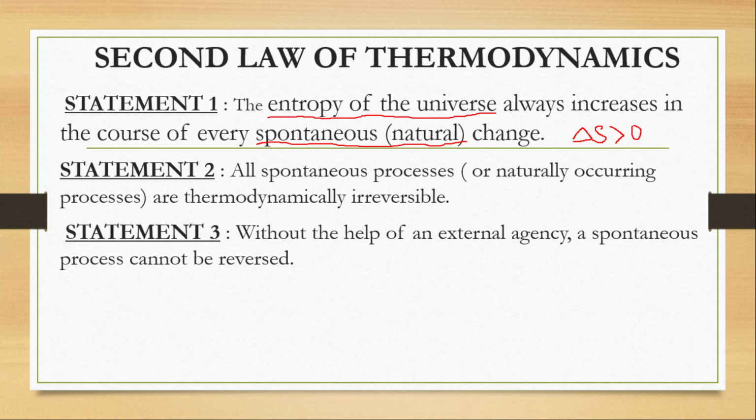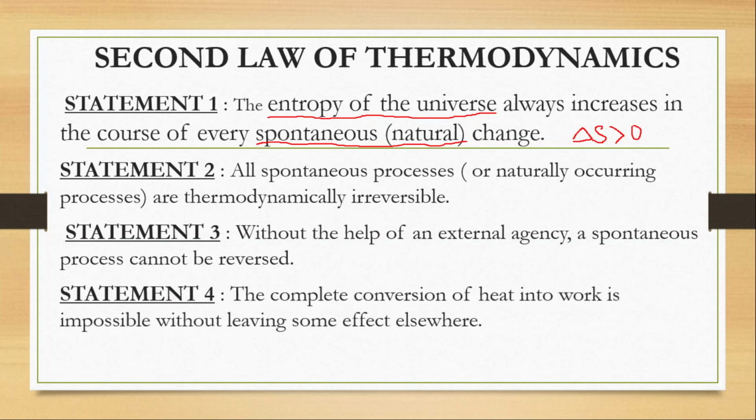So water moving from down the hill to up the hill is a reverse process. To do that reverse process, we need external help, and here that external help is a pump or motor. Clear? Without that, it can't be reversed.